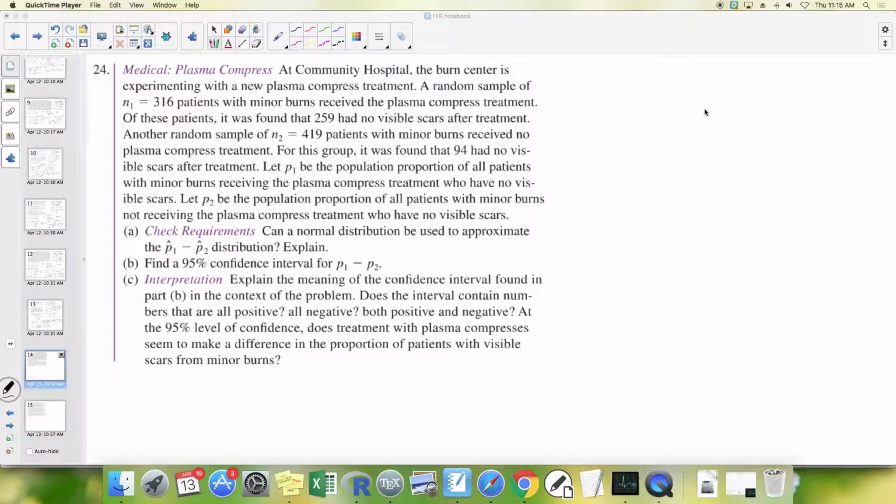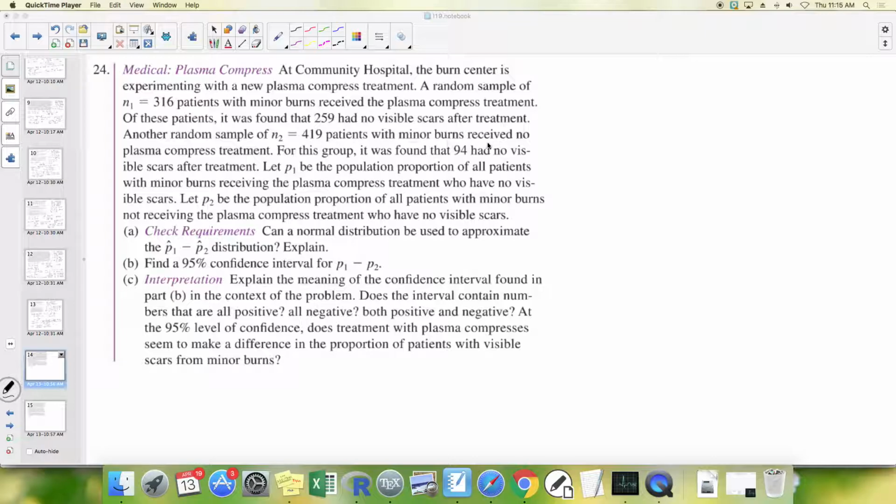Okay, so in this problem, we are comparing two groups. One group are patients with minor burns who received the plasma treatment, and the other group with minor burns who received no plasma treatment. And we are looking at how many had no scars. So in group 1, 259 had no visible scars after treatment.